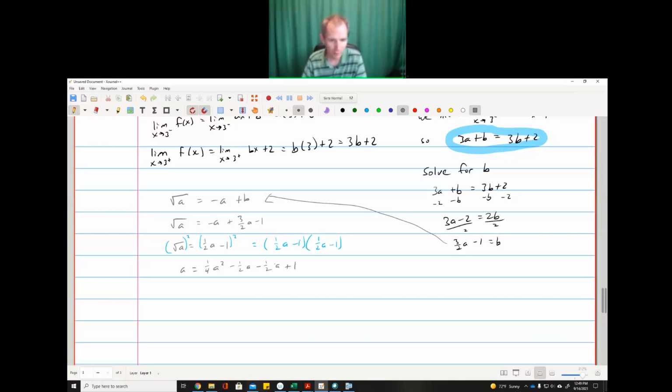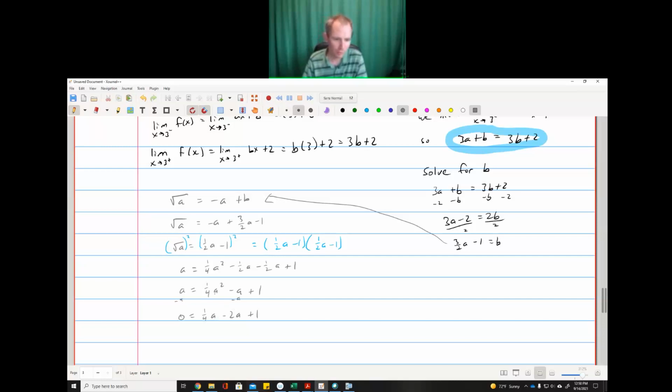Negative 1/2 a minus 1/2 a is negative a. And since this is quadratic, what I want to do is get all of the a's on one side. So I'm going to subtract a from both sides. So 0 equals 1/4 a squared minus 2a plus 1.